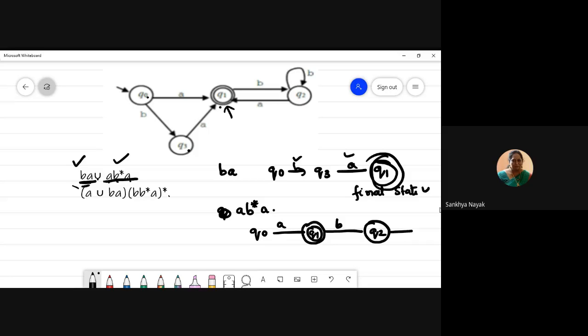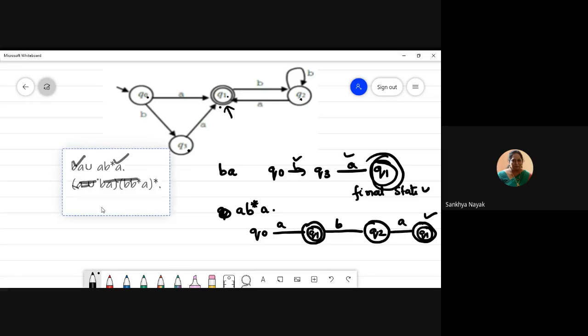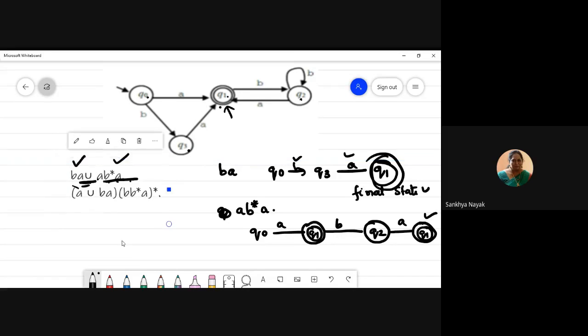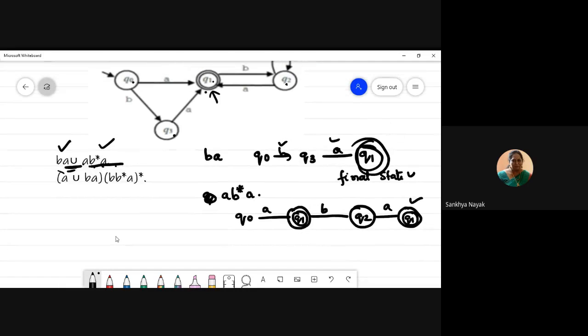And on A from that, it will come back to Q1, right? So if you watch here, you will feel that, okay, I have come back to Q1. So it should be accepted. Both it is satisfying, right? Left hand side or right hand side.